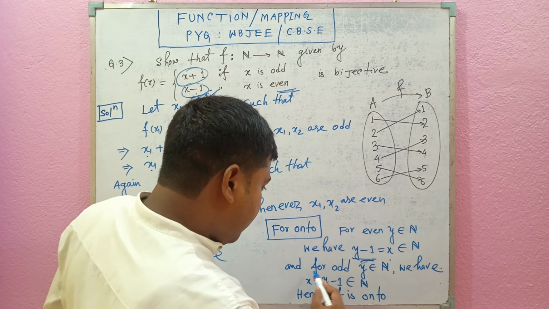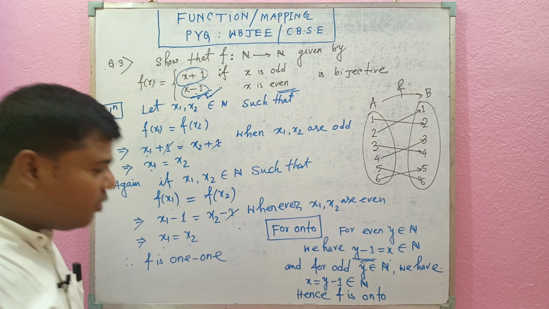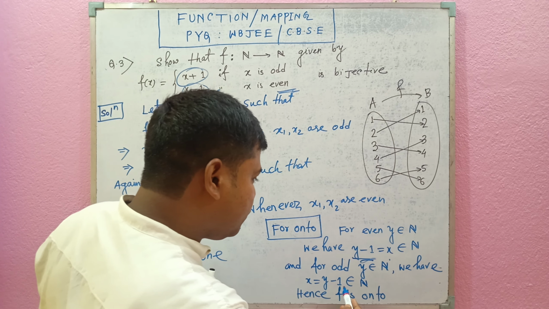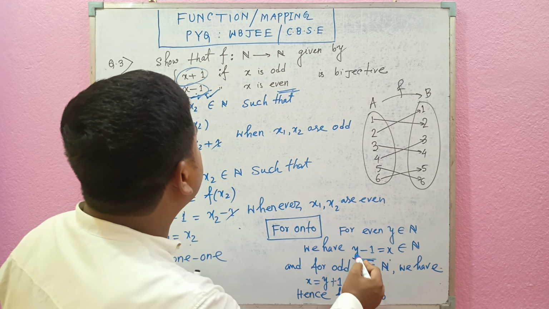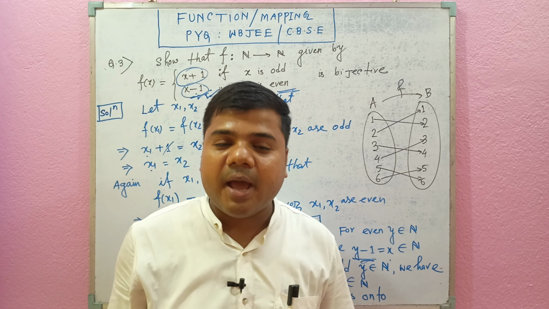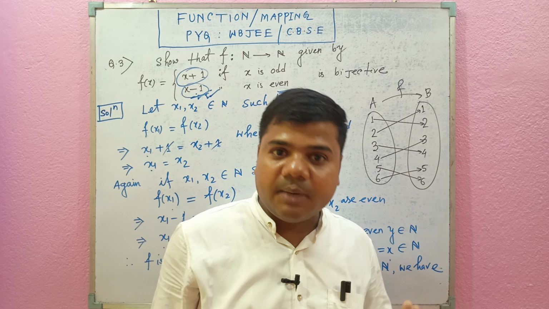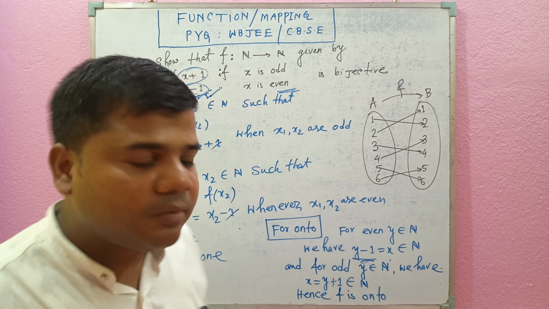And for odd y, we have x is equal to y minus 1, which belongs to the natural numbers. Hence f is onto. Then we have f is 1-to-1 and onto, that is injective as well as surjective. So f is bijective. Okay.